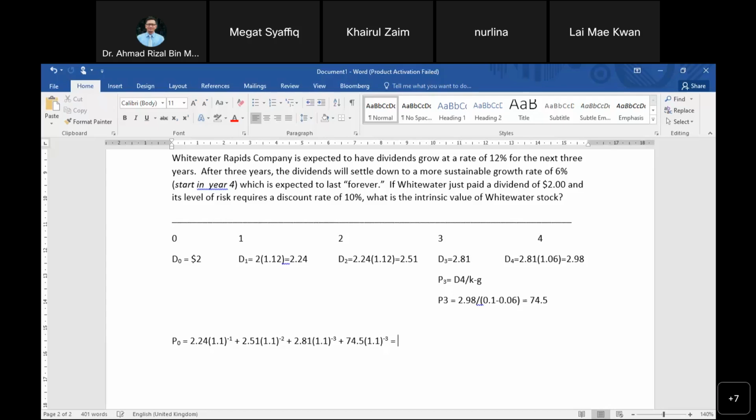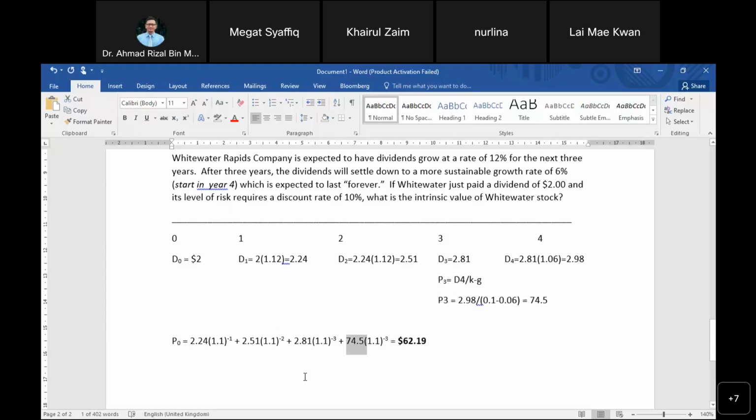So you get 62.19. You should get 62.19 when you calculate the present value of all these four cash flows: D1, D2, D3, and P3.